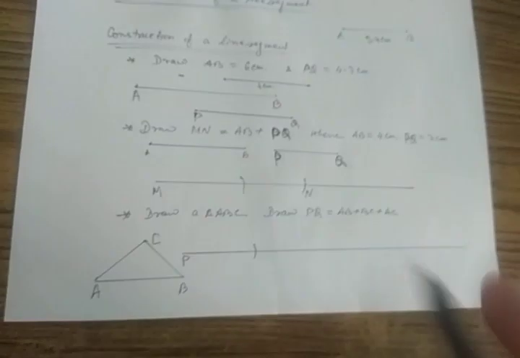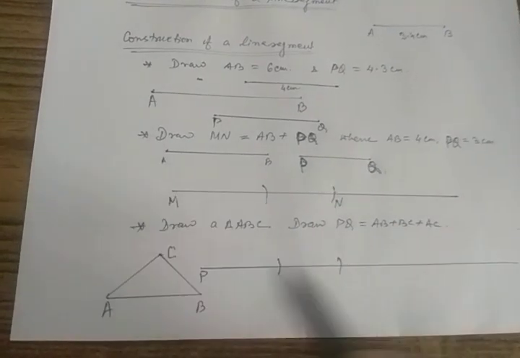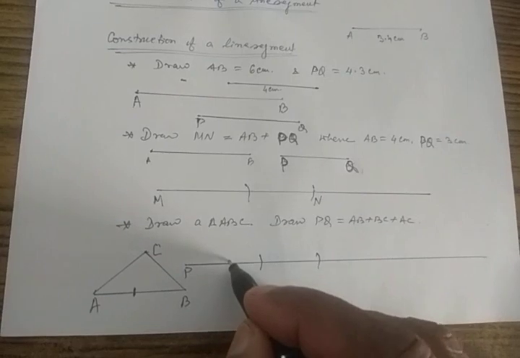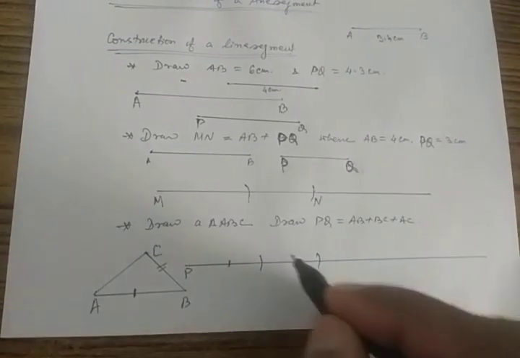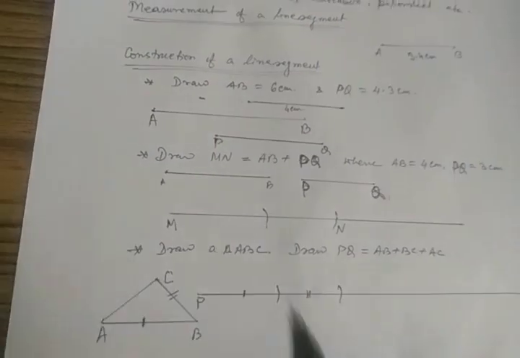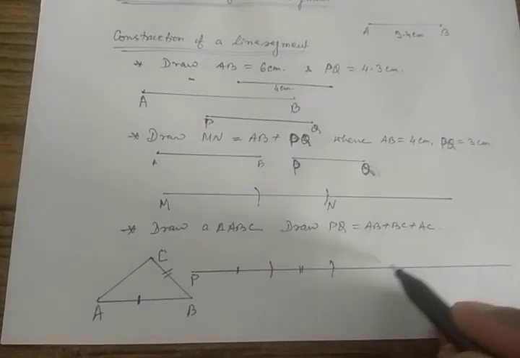Okay. Now once again you measure this BC and from this point you cut it down, so that we have taken another part. This is equal to BC. Just see, I am noting the notation here. This is equal to this one. These two parts should be equal to this part. Now measure this AC and cut down from here.